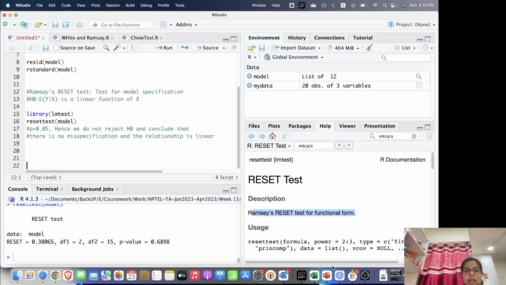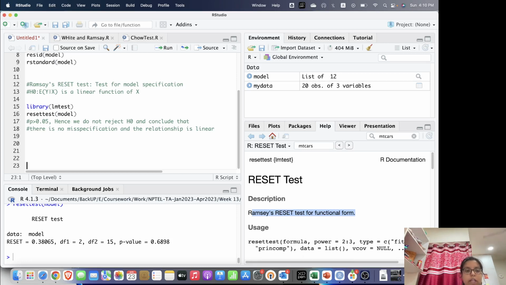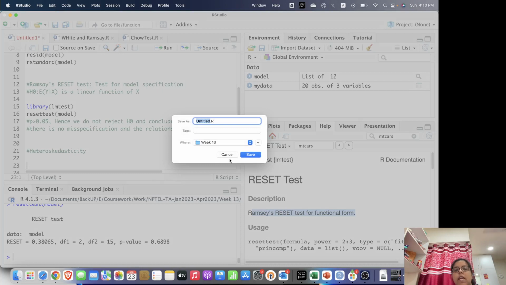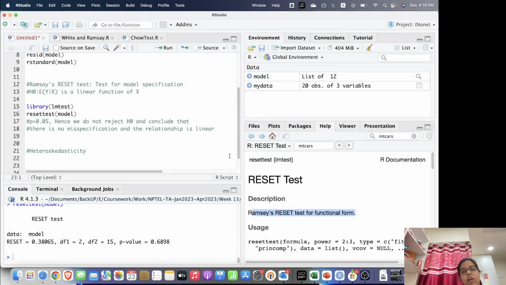Once we are done with it, now we want to test for heteroscedasticity. Before that, if there is heteroscedasticity in the model, we can get an idea that something is wrong by looking at the residual plot.